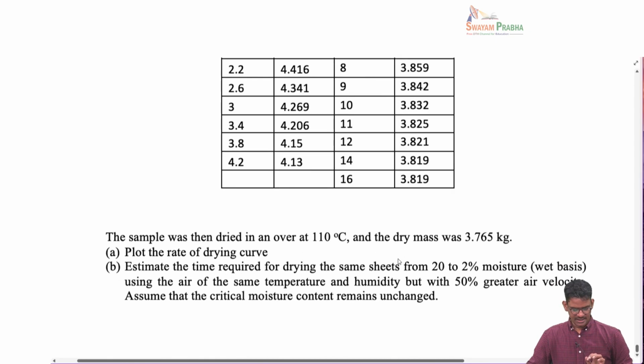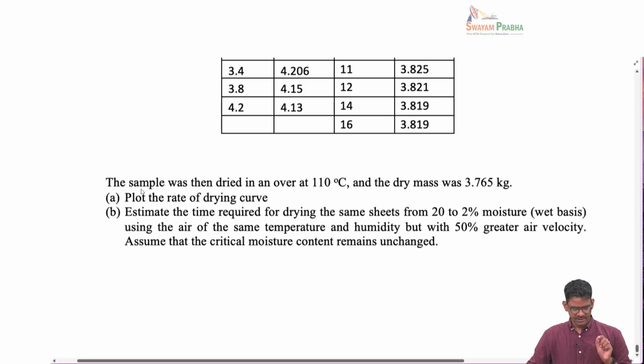The sample was then dried in an oven at 110 degrees Celsius, because we want to find the dry mass, and this comes out to be something like 3.765 kilogram. Now plot the rate of drying curve, n versus x.